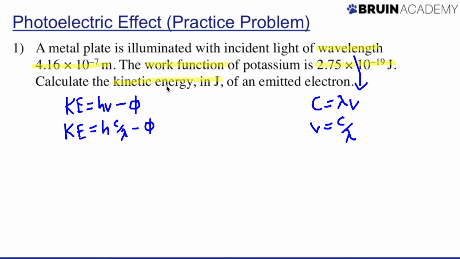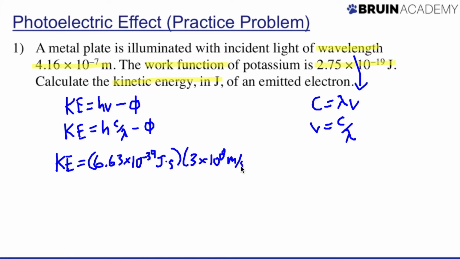Right? So I just plug and chug. I know I'm looking for kinetic energy, and I know everything else. So I have Planck's constant, which is my first variable, so that's just going to be 6.63 times 10 to the negative 34, in joules times seconds. I multiply by the speed of light, which is c, that's 3 times 10 to the 8th meters per second. And then I divide that all by lambda, the wavelength, 4.16 times 10 to the negative 7 meters.